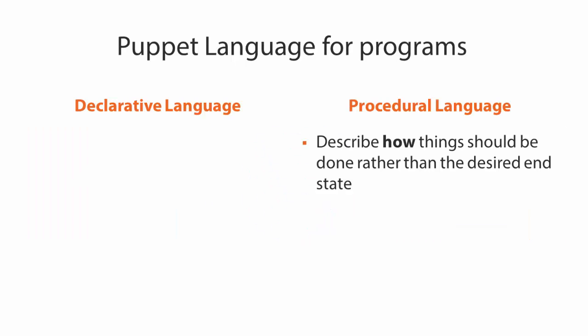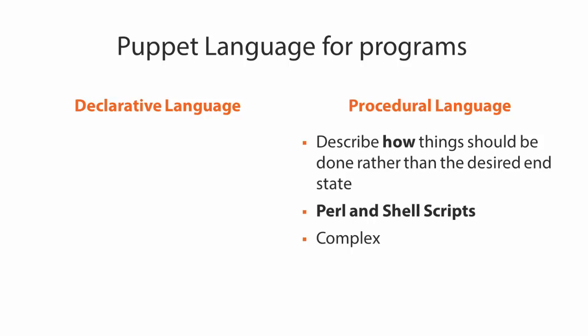Okay, let's check. First, a procedural language normally describes how things should be done rather than the desired state. So procedural language focuses on how it should be done, like this. Languages like Perl and Shell script belong to procedural languages.